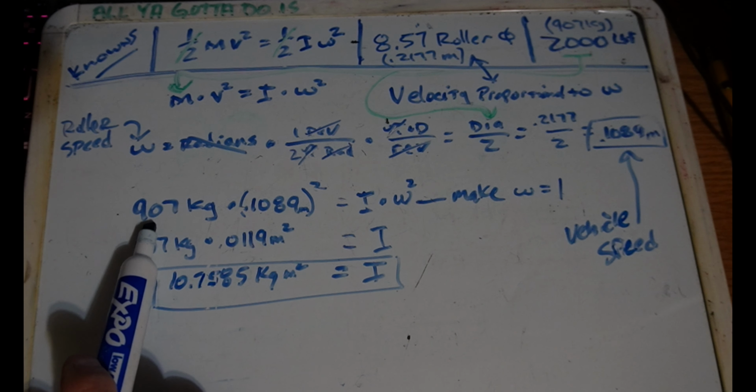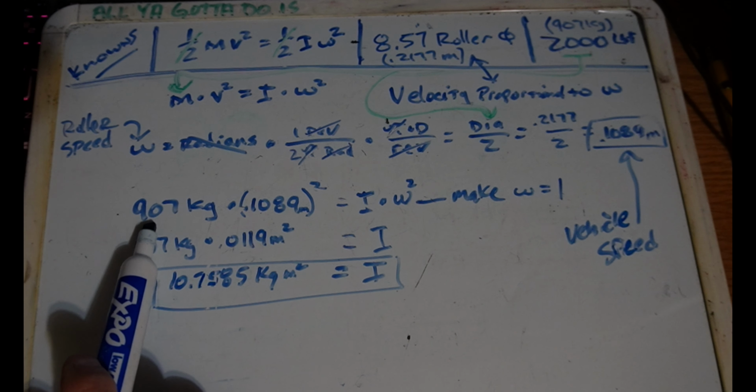The reason is I decided to solve at omega equals 1. I could solve it at omega equals 2 or 20 million, it'll cancel out anyway, so you might as well pick an easy number. So omega equals 1, that term goes to 1, so that's just I. I multiplied the mass times this squared, and it gives me 10.7585.